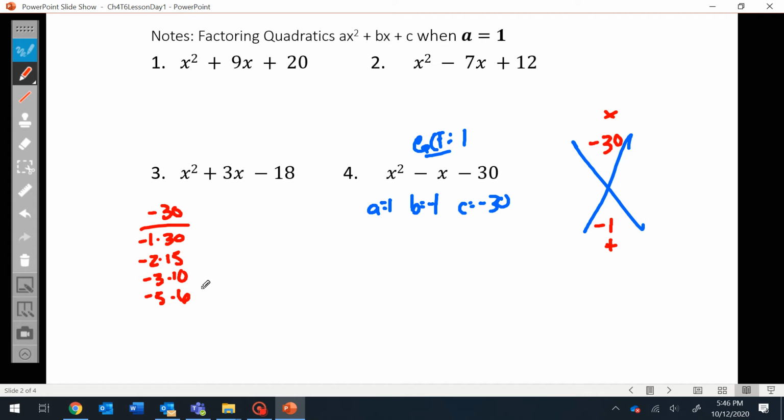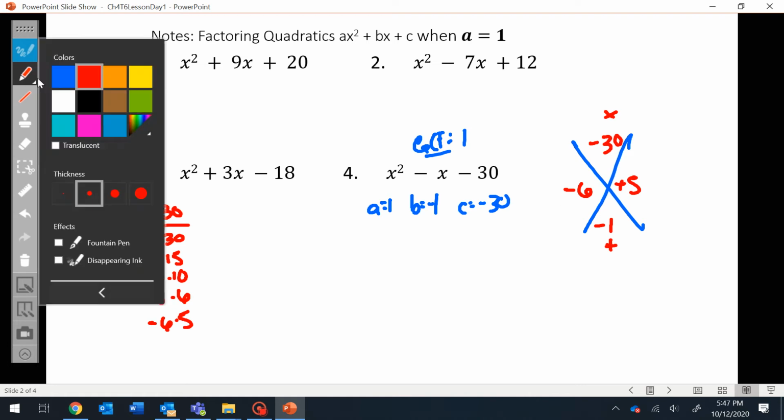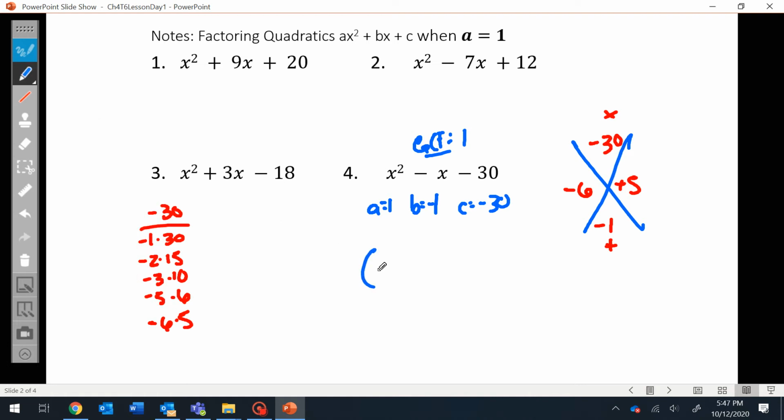Let me try switching the signs. So instead of -5 and 6, let me do -6 and 5. Well, now they multiply to -30 and they add to -1. So these are the ones I'm looking for, -6 and +5. So my two factors are x minus 6, x plus 5.